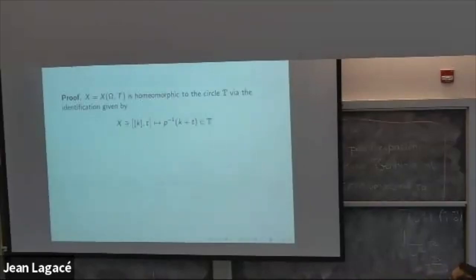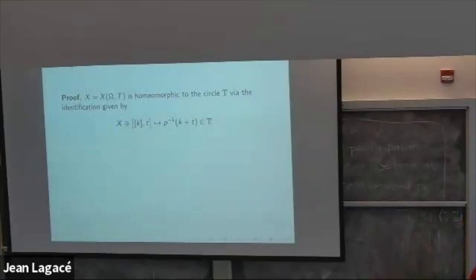Okay, so let's first look at the suspension. What is the suspension? So we have P points. Okay, here P is 4. And then we flow from here to here. And then we immediately go here, and then we flow, and then we go here.